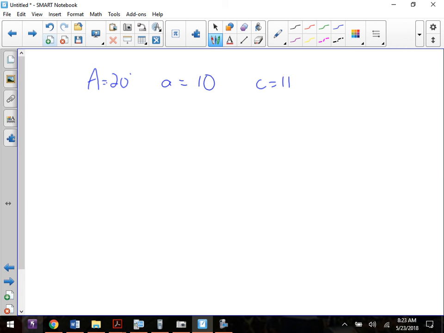If I had to solve the triangle like this, I've got angle A is 20, little a is 10, little c is 11. What I would do is just real quick draw the triangle out. I'm showing an example of how you would be able to tell if you're going to have a secondary triangle. This one is forcing you to find angle C to start with.